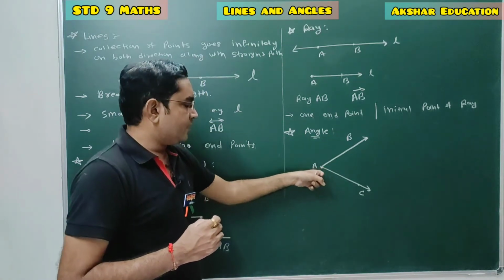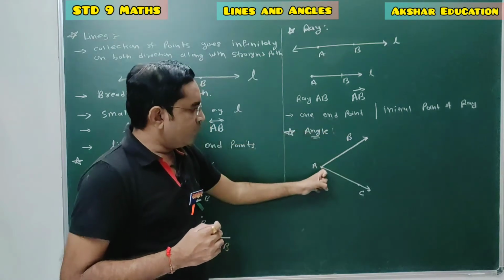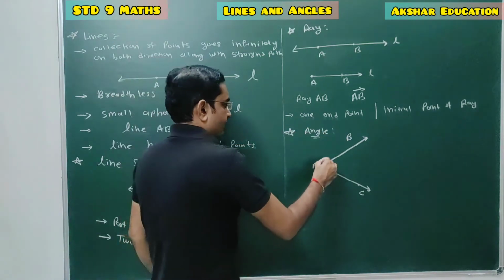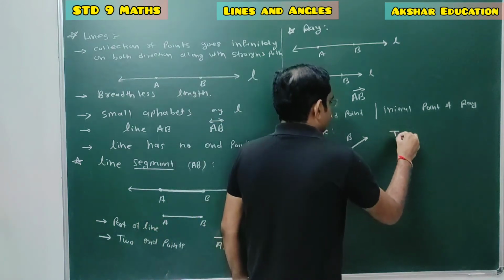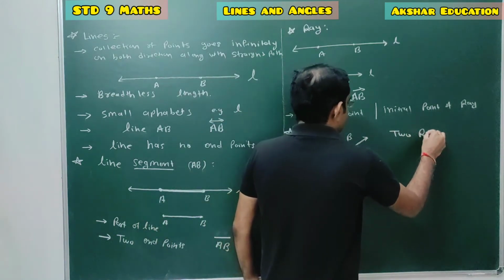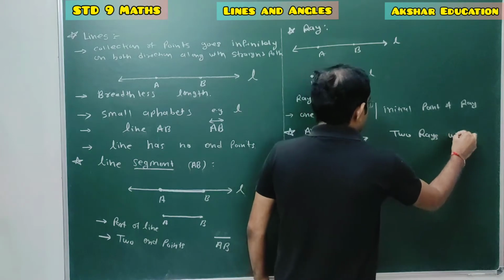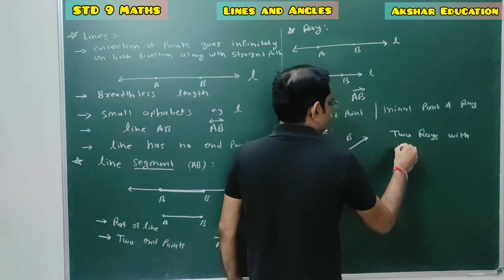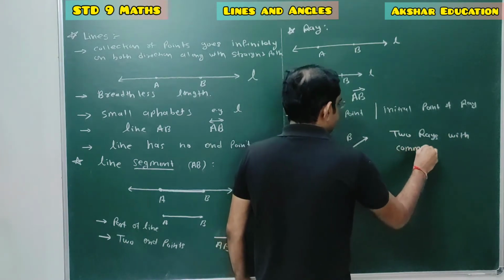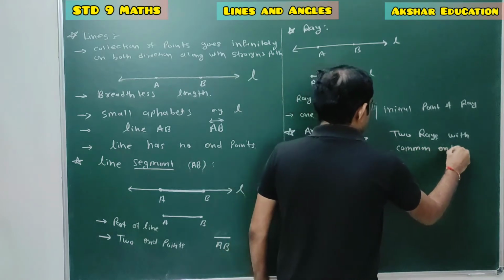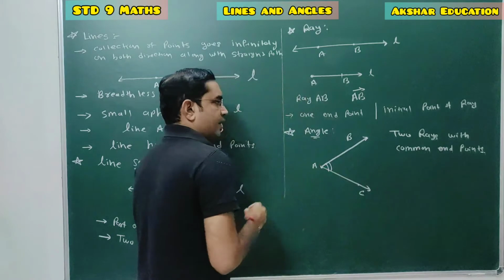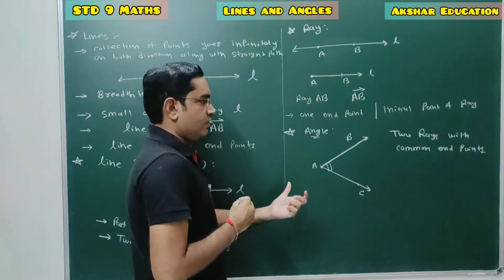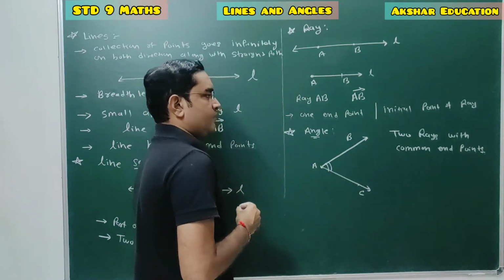So rays with a common endpoint form an angle. To form an angle we require two rays with a common endpoint. So this is one angle, angle BAC.